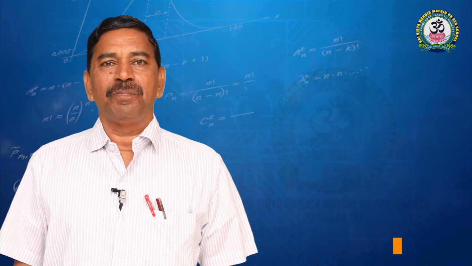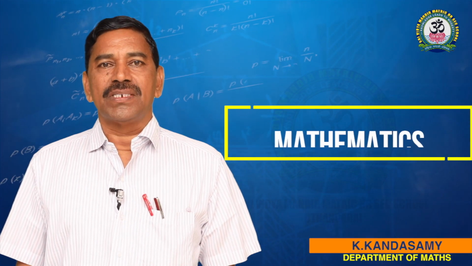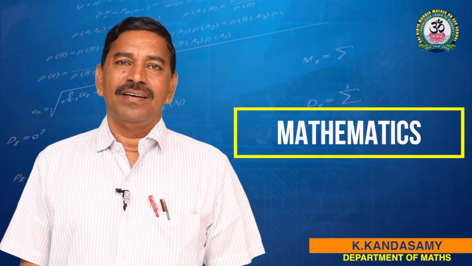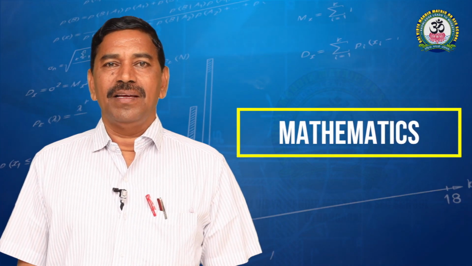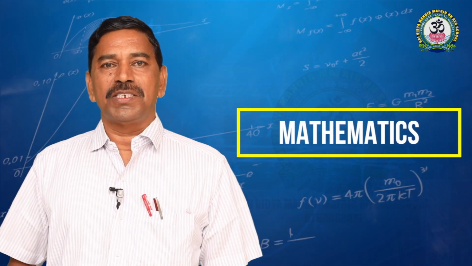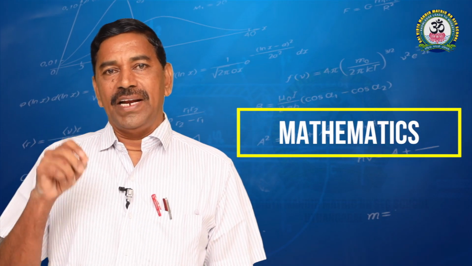Good morning, students. Yesterday we introduced the concept of relation. First, the definition of relation. Let A and B be any two non-empty sets. A relation R from A to B is a subset of A cross B satisfying some specified conditions.